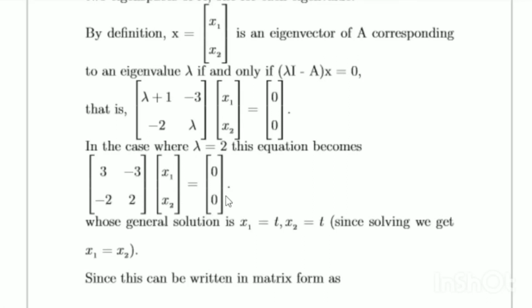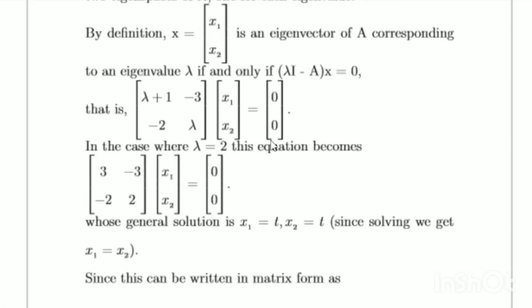If we substitute, you will get x1 and x2 the same. So when x1 equal to t and x2 equal to t, the eigenvectors will be t, t. When t equal to 1, you get the eigenvector 1, 1. So 1, 1 is an eigenvector corresponding to lambda equal to 2.